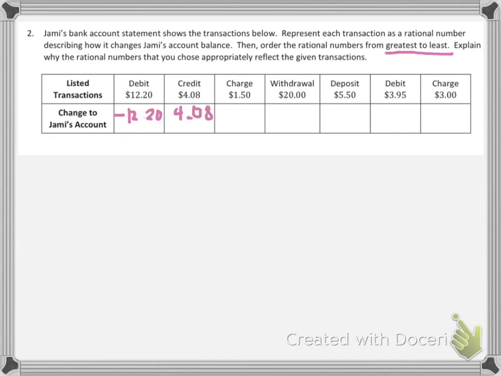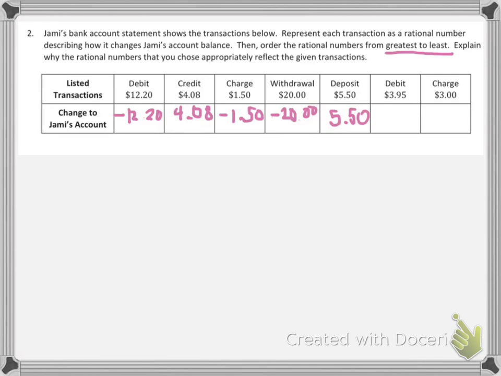And then a charge would be a negative, that's a negative 1.50. When you withdraw money, you take it out, so that's a negative 20.00. Deposit is when you put money into your account, that's a positive 5.50.